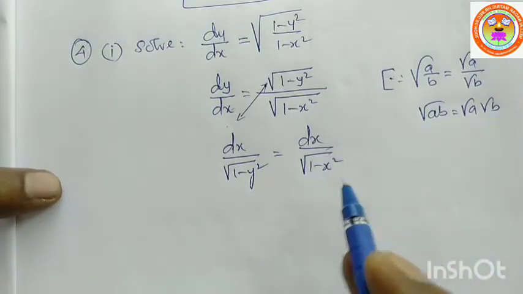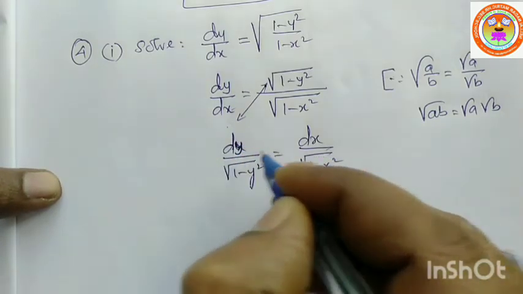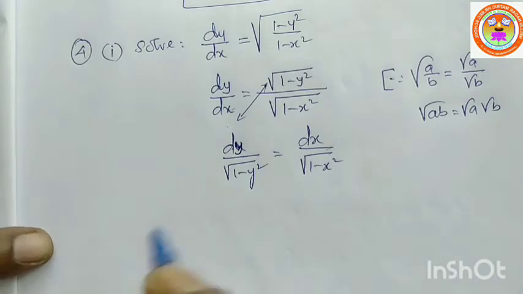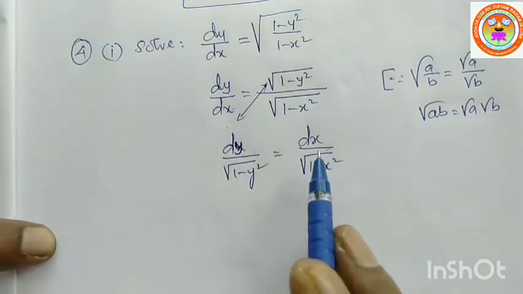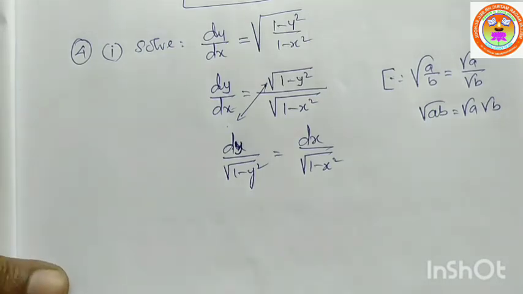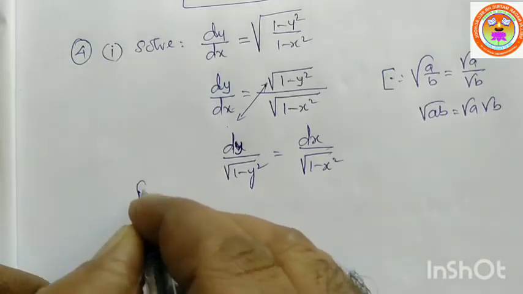Now see, we have separated the variables y and x. Left side all y terms, right side all in x. So after separating the variables, we can integrate, right? So integrating on both sides.